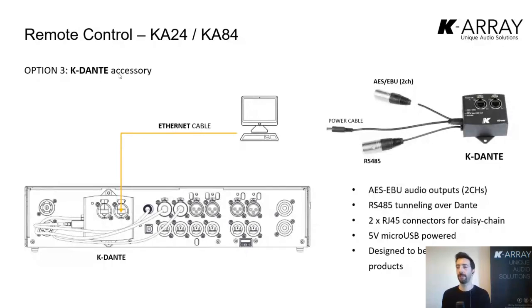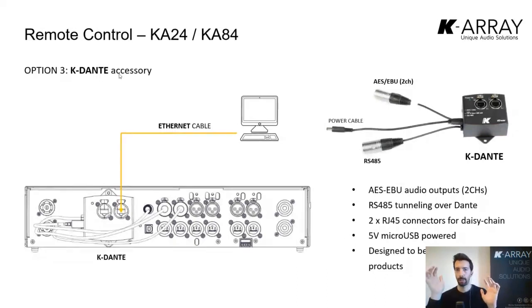So in the end, you may have your computer and also a mixer connected to an Ethernet switch, and then from this switch you go to the K-Dante accessory. Well, you can stream audio over Dante from the mixer, and at the same time, you can use the computer to control the amplifier over Ethernet.